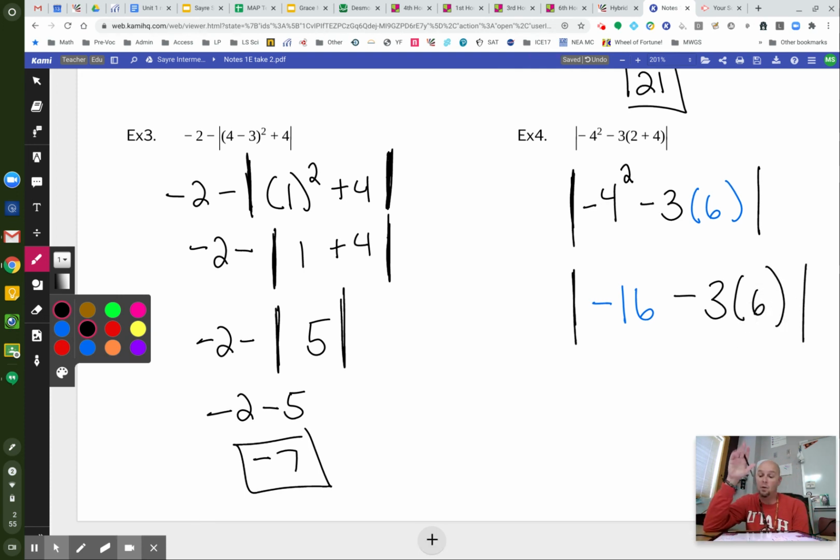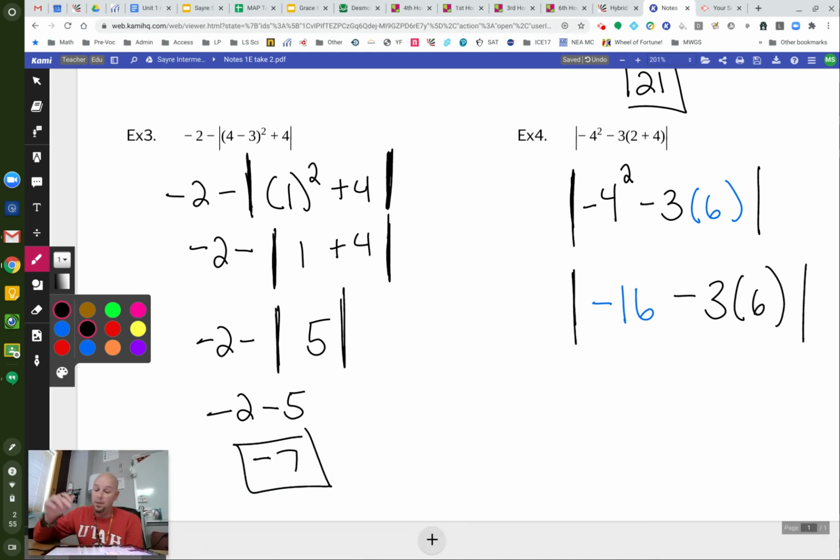All right, so if I keep going with the order of operations, I'm going to do multiplication next. So I'm going to do negative 16 minus 18 inside the absolute value, because negative 3 times positive 6 is negative 18.